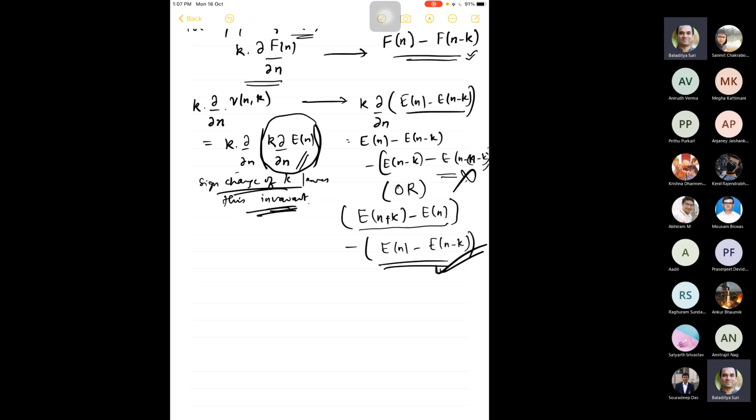This can be shown to be nothing but nu of (n+k, n) minus nu of (n, n-k). So if you have k times the derivative of nu of n, k by delta n, such a quantity should be replaced by this difference.